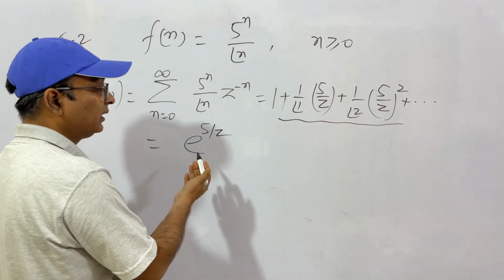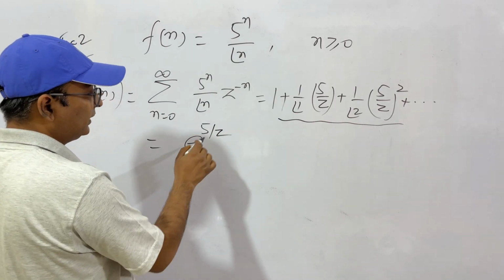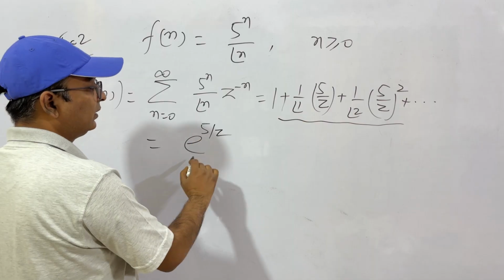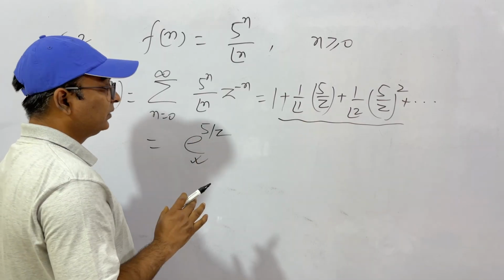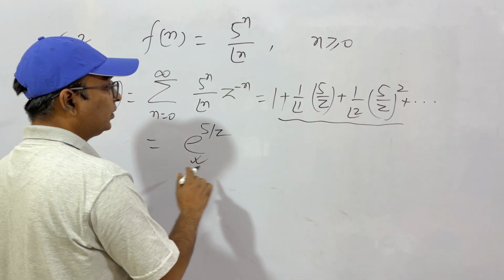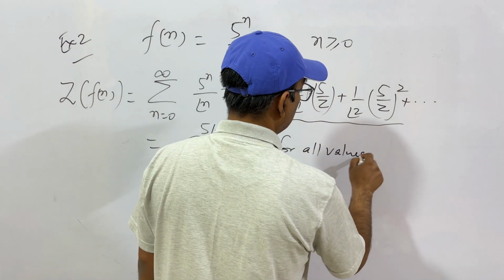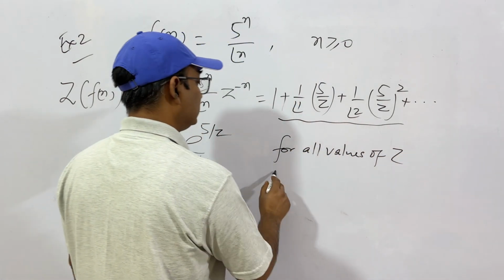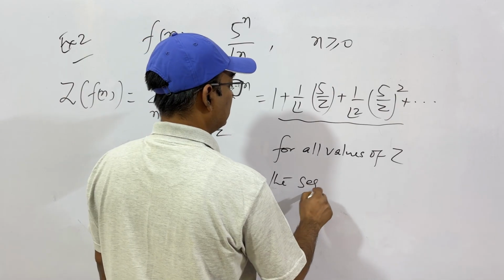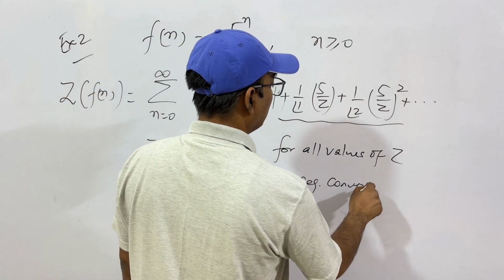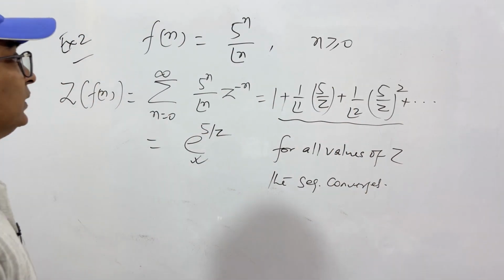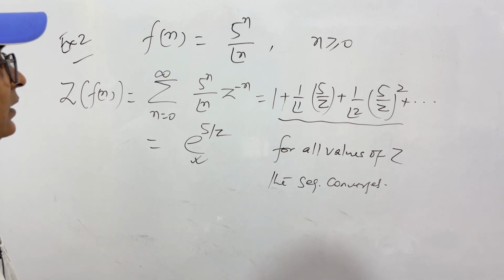You don't have any limit. For every value of z, the series will converge. That is, the value exists for all values of z. Okay. So this is our example for n greater than equal to 0.